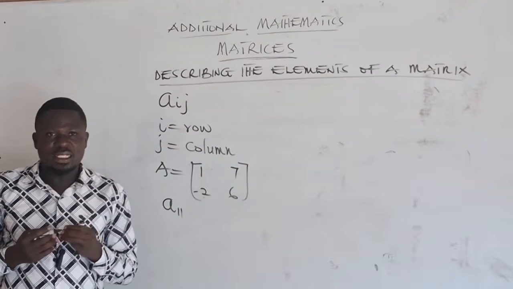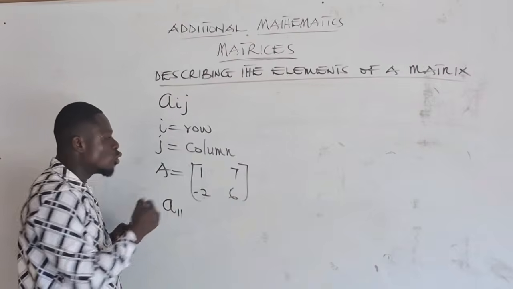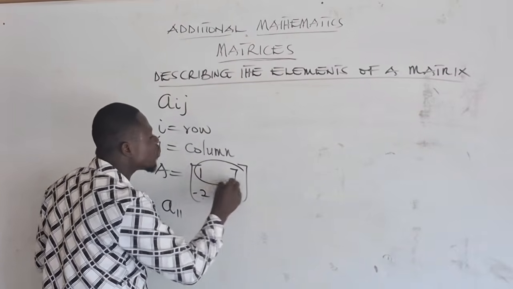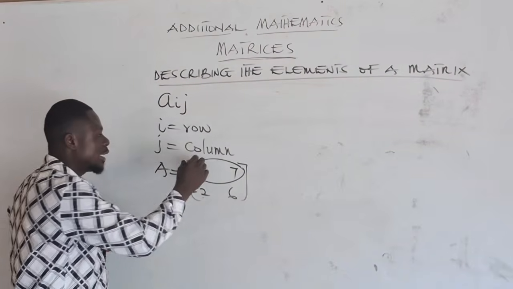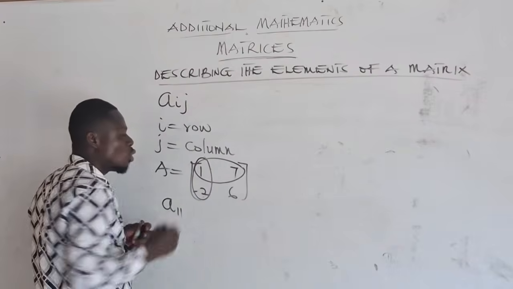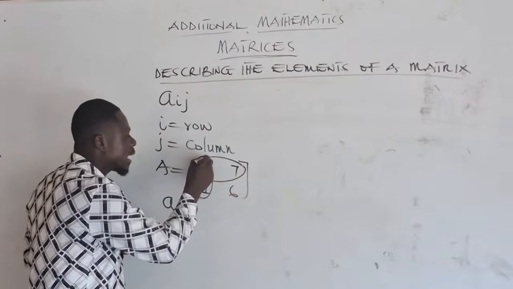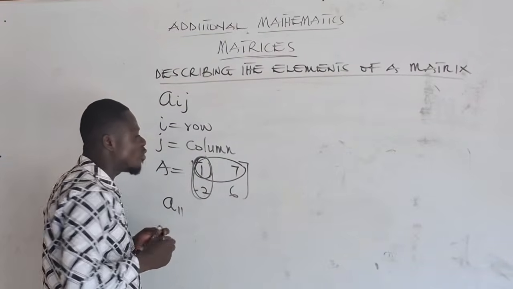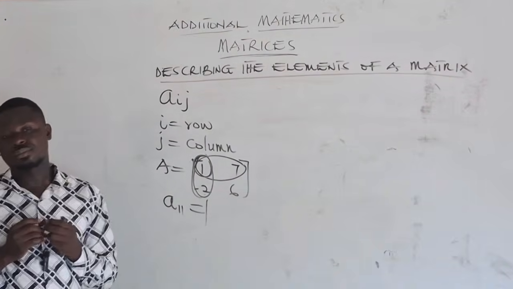So let's see the element we have in the first row, first column. What is our first row? This is our first row. And what do we have as our first column? This is our first column. So the point of intersection of the two is here. So our first row, first column element is 1.